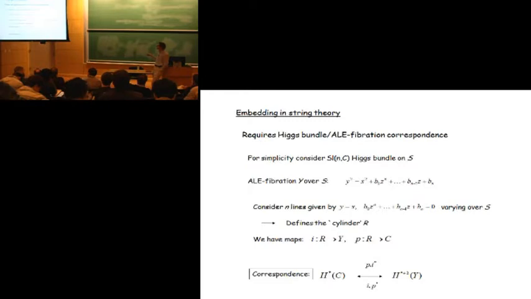First of all, the lines are naturally embedded in this ALE fibration. There's a map from R into Y. Secondly, this can be interpreted as a degree n equation in the canonical bundle over S, and therefore gives me a degree 5 covering over S. That's my spectral cover C. So I also have a map from R to C, which essentially maps each line to a point in the fiber over S.